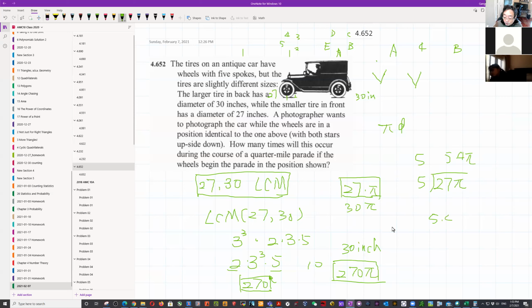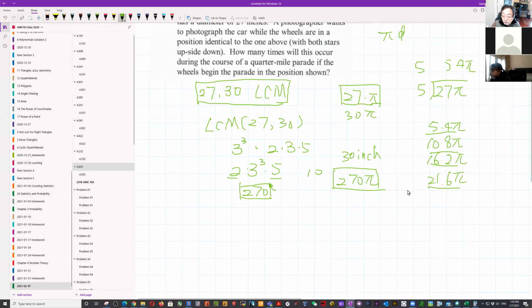So 5.4 pi is going to be tipping down, then 10.8 pi, 16.2 pi, and 21.6 pi. So through a row, during those positions, it's going to be pointing down. That's for the front wheel.